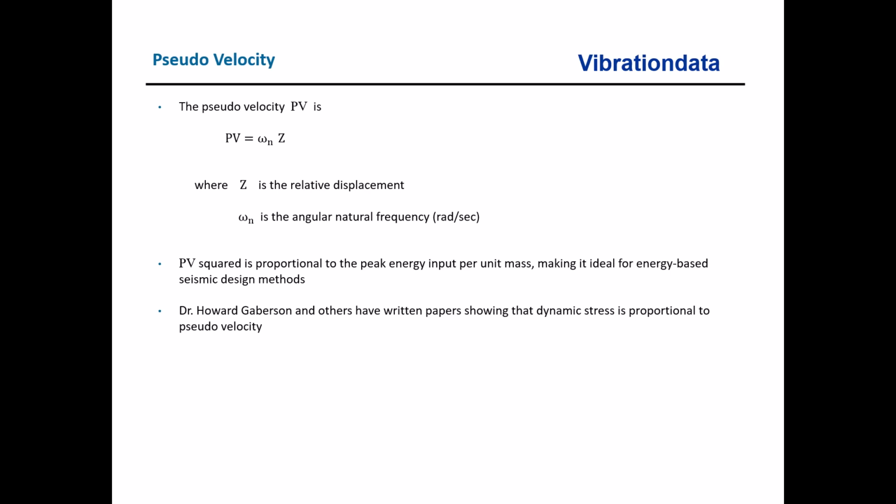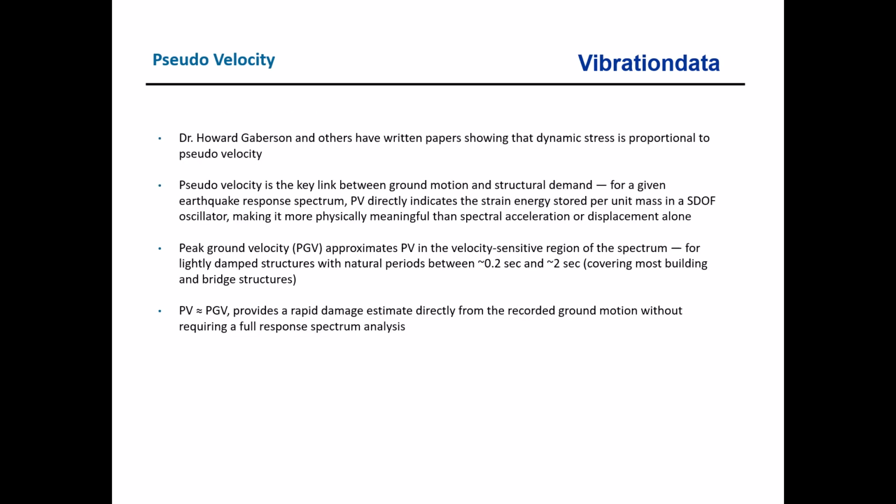So again, omega sub n is the angular natural frequency, and PV squared, pseudo-velocity squared, is proportional to the peak energy input per unit mass, making it ideal for energy-based seismic design methods. And I've got a note here: Dr. Howard Gaberson and others have written papers showing that the dynamic stress is proportional to pseudo-velocity. And that was copied and pasted inadvertently to the top of this slide.